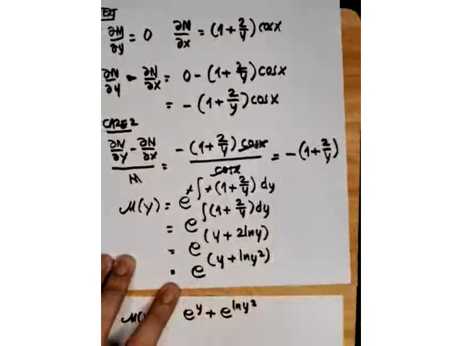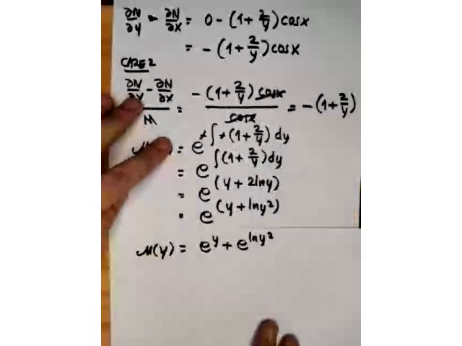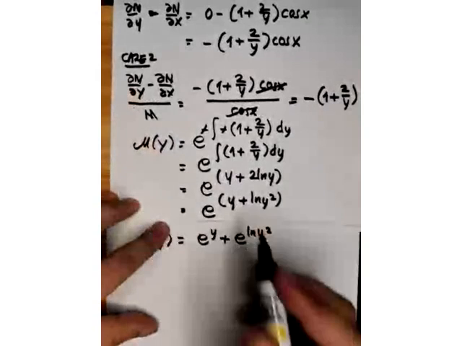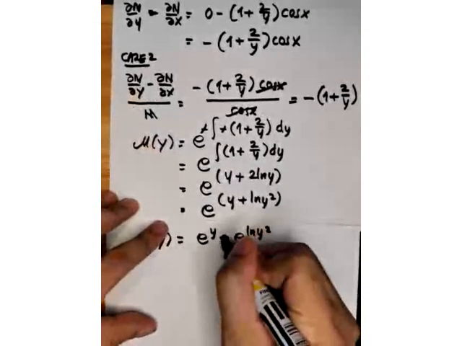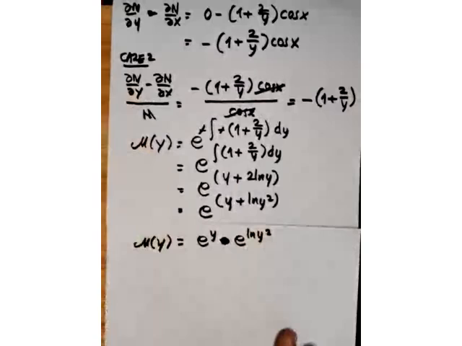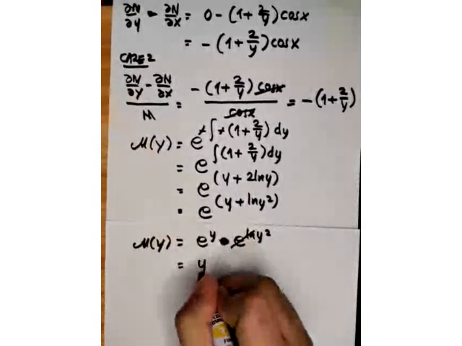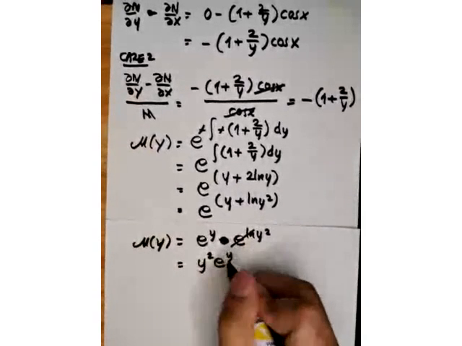It's a property ng logarithm. Ayan. So that, ay ba't plus? Times pala. Hindi pala siya plus, times. Ayan. So that means we can simplify this. So therefore, the integrating factor is y squared e raised to y.